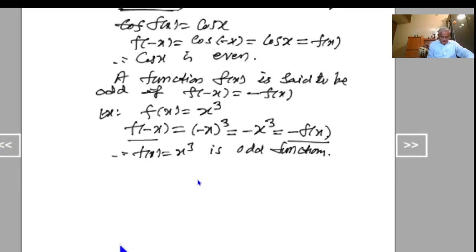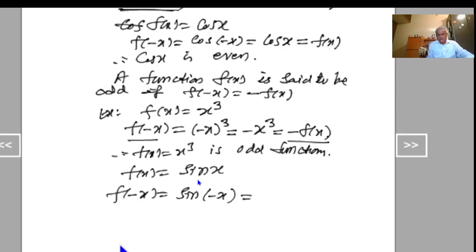And similarly, if we take f of x is equal to sine of x, then what about f of minus x? This is sine of minus x. And we know that sine of minus theta is minus sine theta. This is minus sine of x, which is equal to minus f of x.